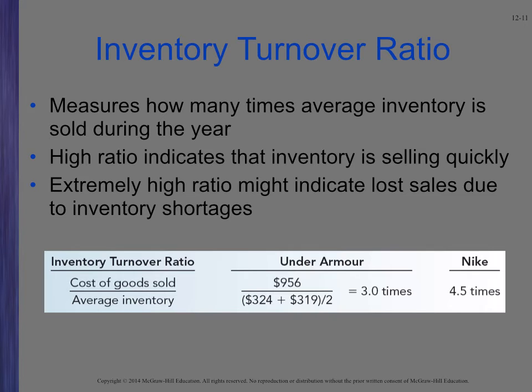So there is a slower inventory turnover at Under Armour. This is a negative sign, because it indicates a greater risk of slow-moving inventory items.